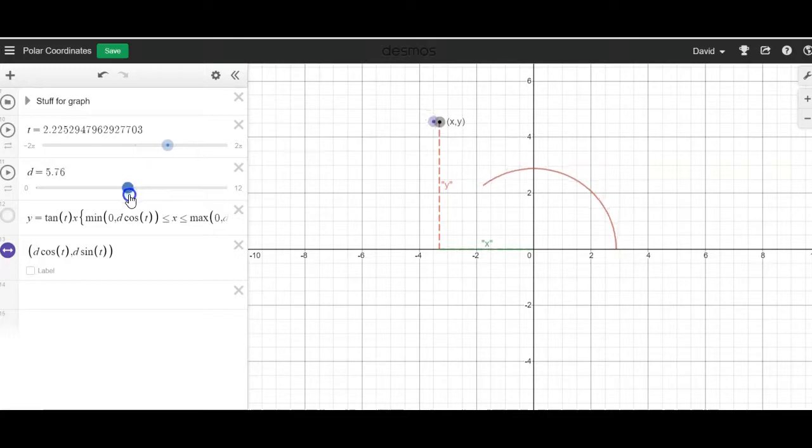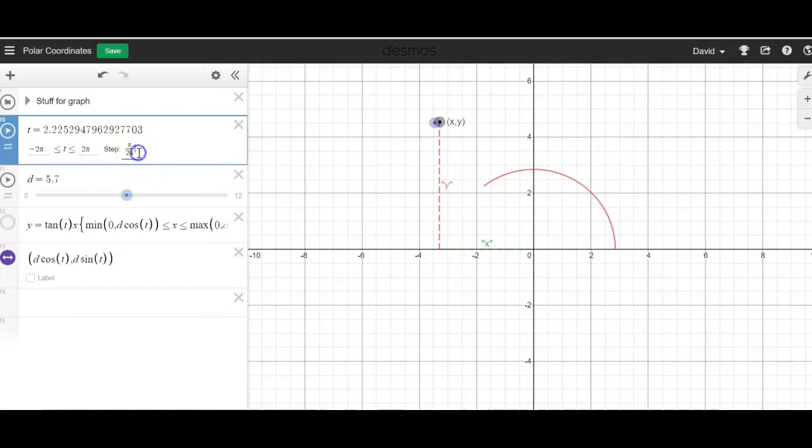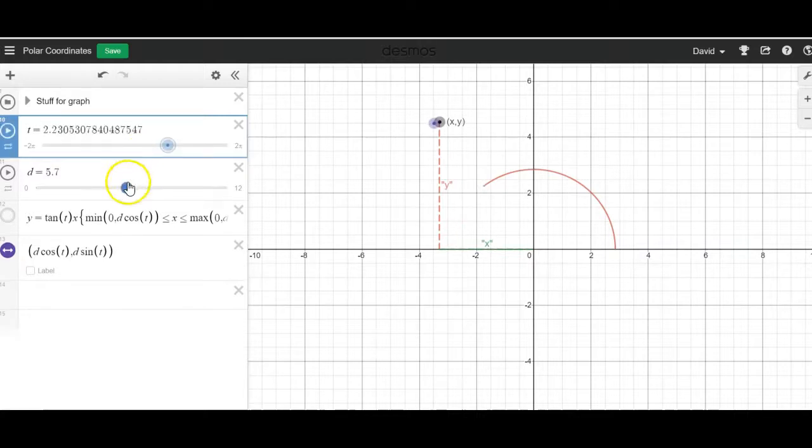And I still miss it barely because I don't have my angles graduated enough. Let me make my step size, instead of pi over 24, let me make it like pi over 100. Alright, and now when I rotate this, I can rotate a little bit finer tuned, and I can bring that distance in and land basically directly on that point.